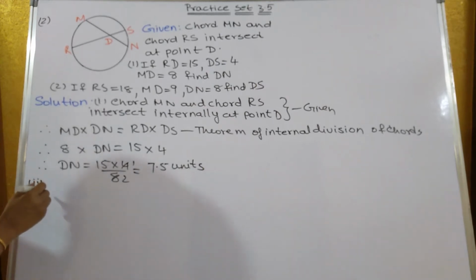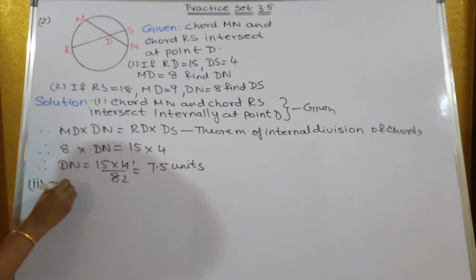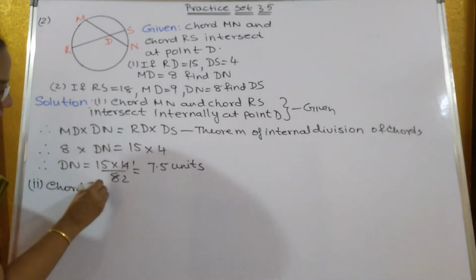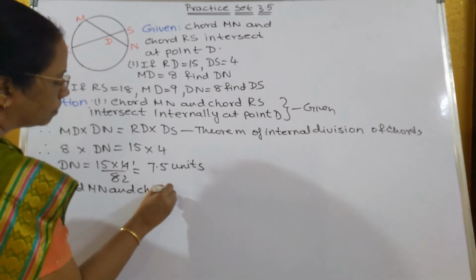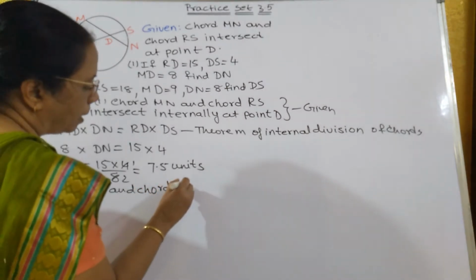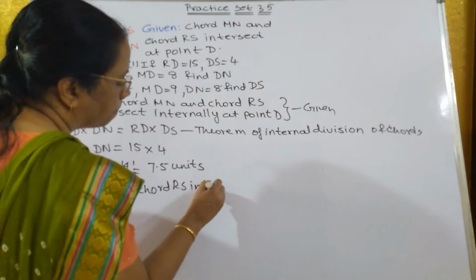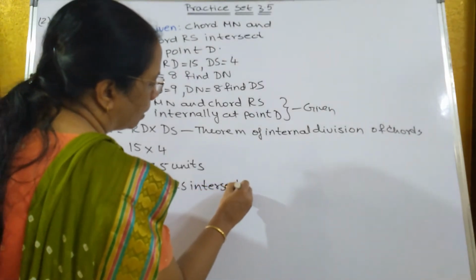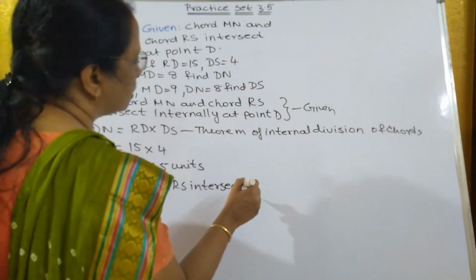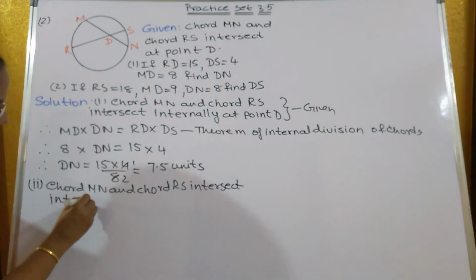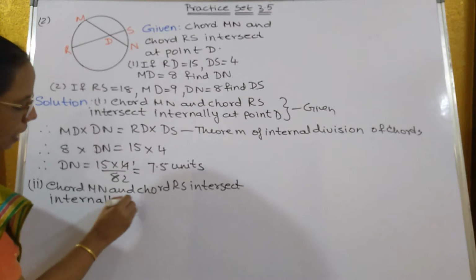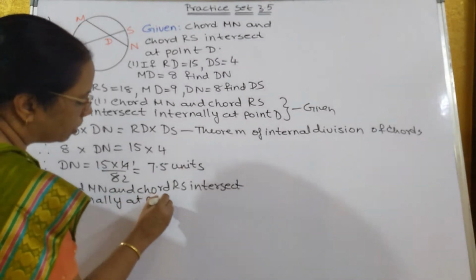Now the second one, again chord MN and chord RS intersect internally at point D. That is already given.